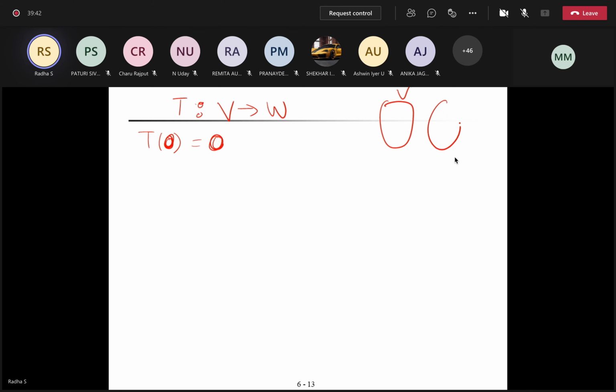See, V is a vector space, W is a vector space. It need not satisfy that both the vector spaces are of the same dimension. Even you can have two different vector spaces also. So, any 0 vector here will always be mapped down to the 0 vector of W. 0 vector of V will be mapped down to 0 vector of W. That is the thing they are saying.